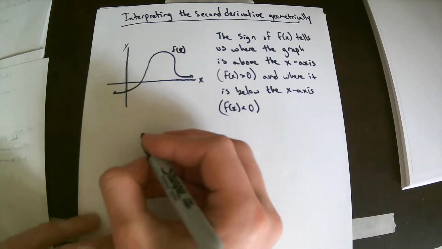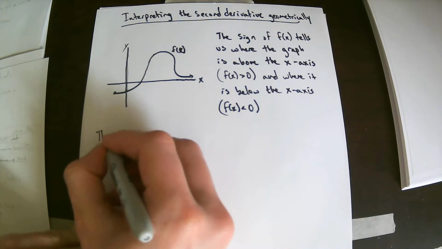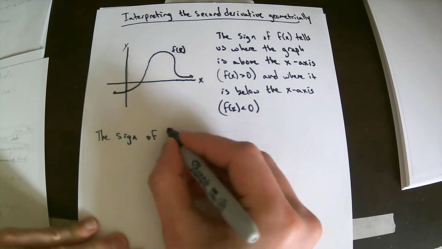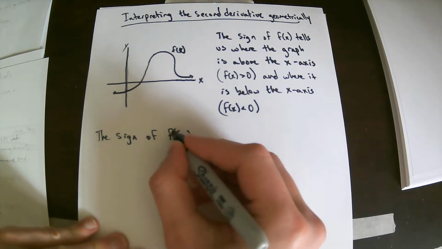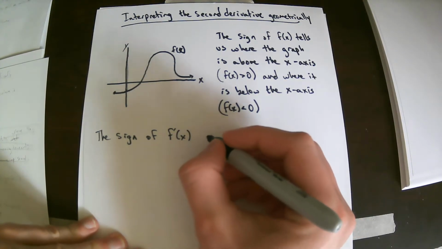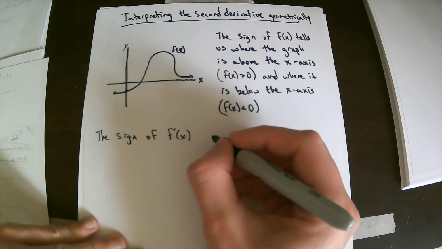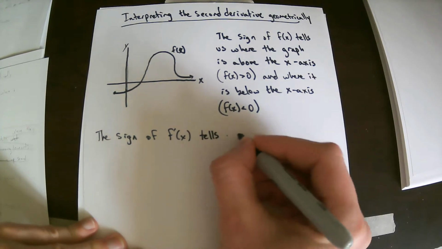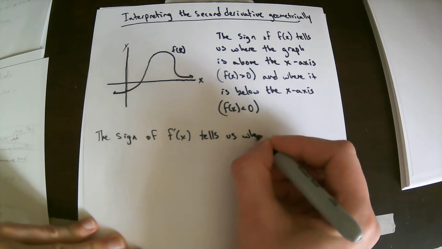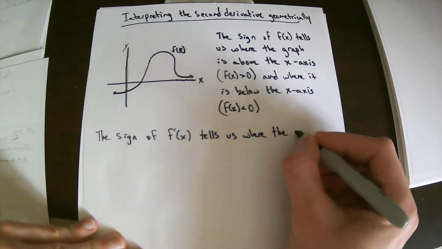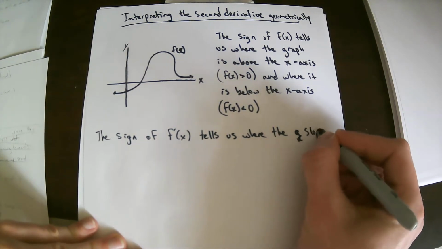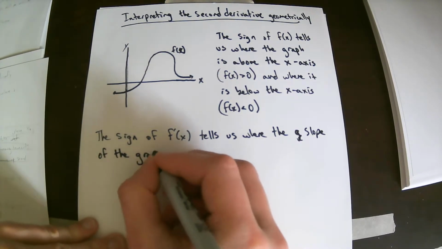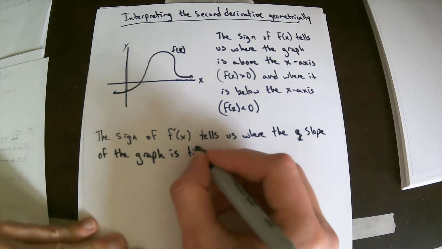The sign, what am I going to say next? I've got the function, now I want to say the sign of its derivative, f prime of x. The sign of f prime of x tells us, what does that tell us? It tells us where the slope of the graph is tilted up, right?